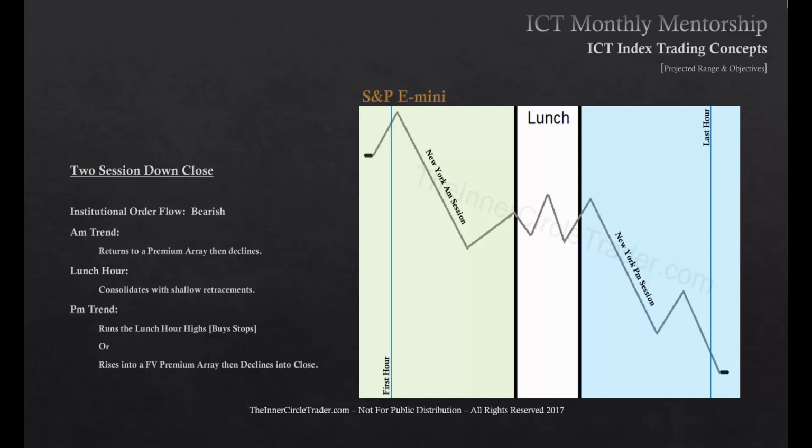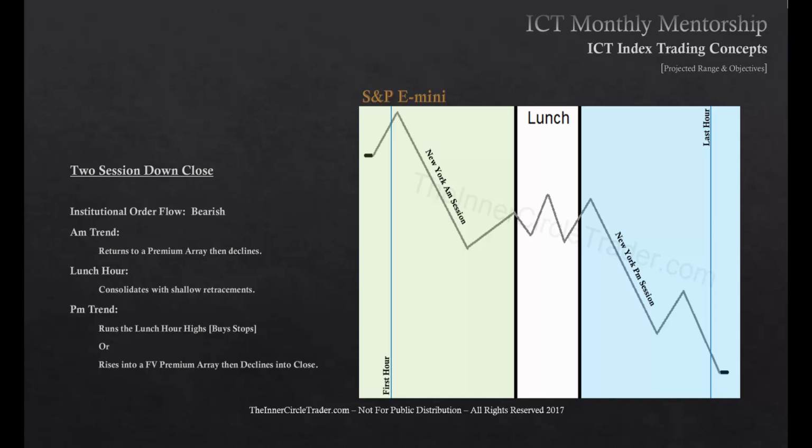Now, when we start approaching higher time frame 4-hour and daily opposing arrays, in this instance we would be looking for a 2-session down close, or basically a big down day. That down close is high probability until we get to a 4-hour, daily, or weekly discount array. So when it starts trading into those levels, obviously the same thing is said in opposite terms for the 2-session up close.